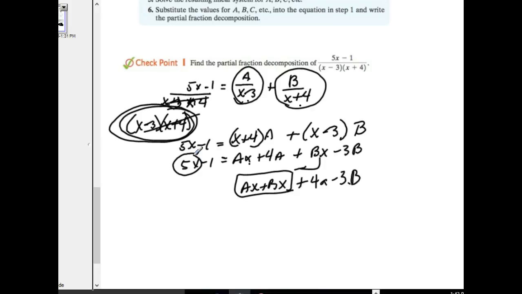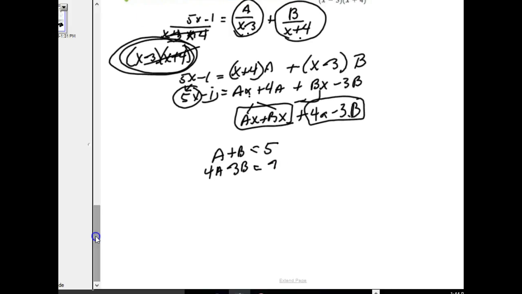So we end up with an equation that says a plus b equals 5, because these are acting like the coefficients, just like that one is acting like a coefficient. So a plus b is 5, and then these two have to add up to be the negative 1. So 4a minus 3b equals negative 1.